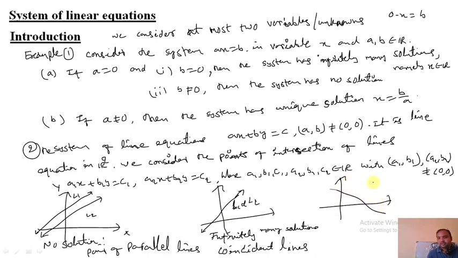Suppose these are two lines, L1 and L2. They intersect at some point. In that case, it is a unique solution, the point of intersection.